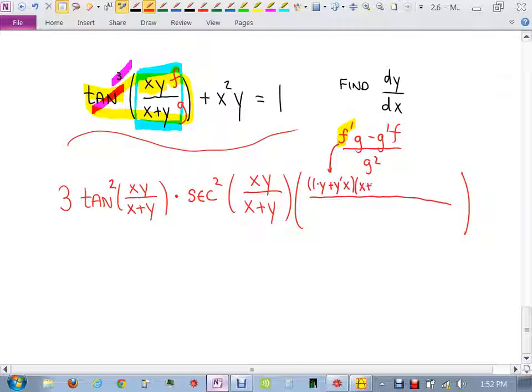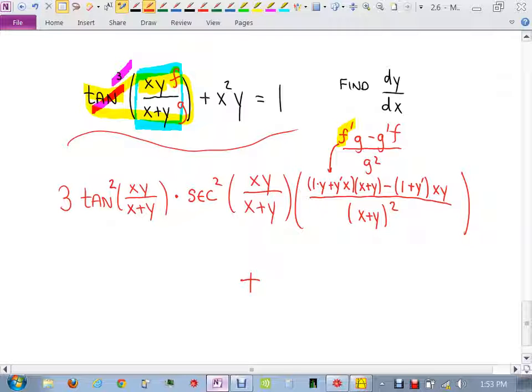Then next to that you need what? x plus y, that's your g, minus now g prime. Now g, which is the denominator, is a sum. So you take derivative of each one. Derivative of x is 1 plus y prime, and then f, which is xy, then all over g squared. I'm done with that big tangent cube thing now.